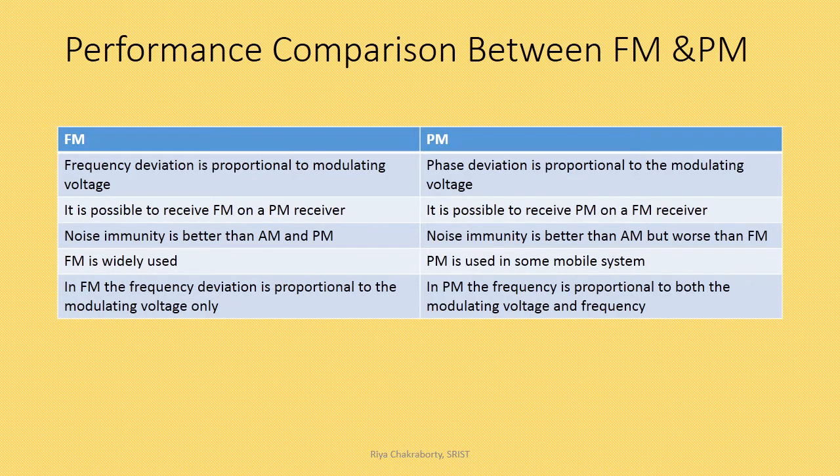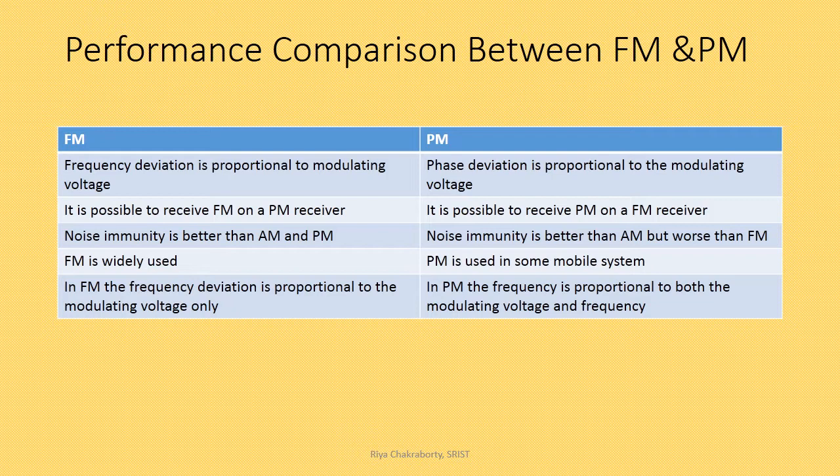Now, we will go through the performance comparison between FM and PM, frequency modulation and phase modulation. In FM, frequency deviation is proportional to the modulating voltage, and in PM, phase deviation is proportional to the modulating voltage.